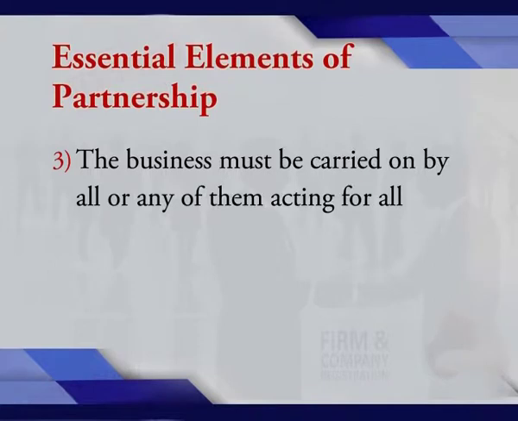Third one, the business must be carried on by all or any of them acting for all. All these essentials must coexist before a partnership can come into existence. Example, a manager, as a part of his remuneration, may be given a share in profits of the business. He does not thereby become partner.